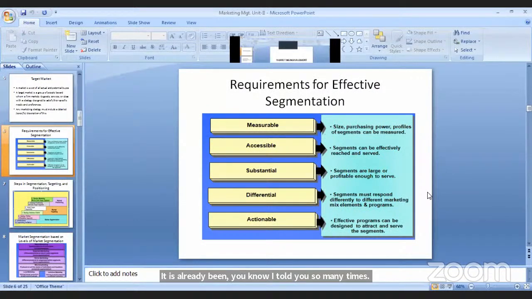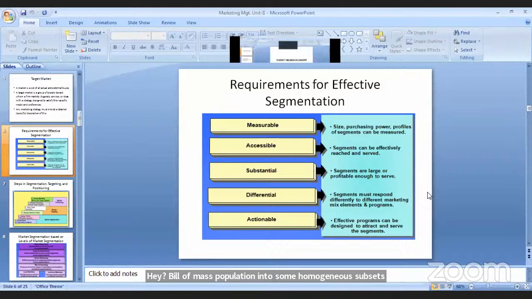Now the question is, what is the requirement of effective segmentation? Why is effective segmentation required? I told you what you understood by segmentation. Segmentation means dividing a mass of people or mass population into some homogeneous subsets.